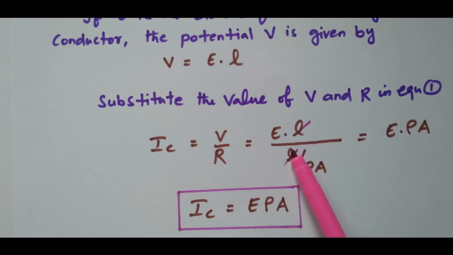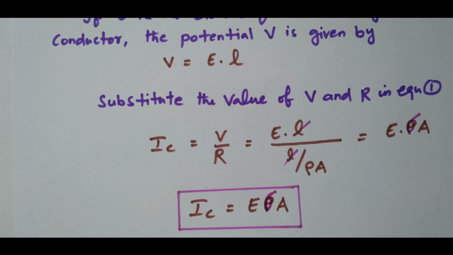So that L got cancelled. So E into sigma into A, right? Sigma, not a rho, is a sigma. So the conduction current is expressed in terms of electric field intensity, then conductivity and area of the conductor. IC equal to E sigma A.